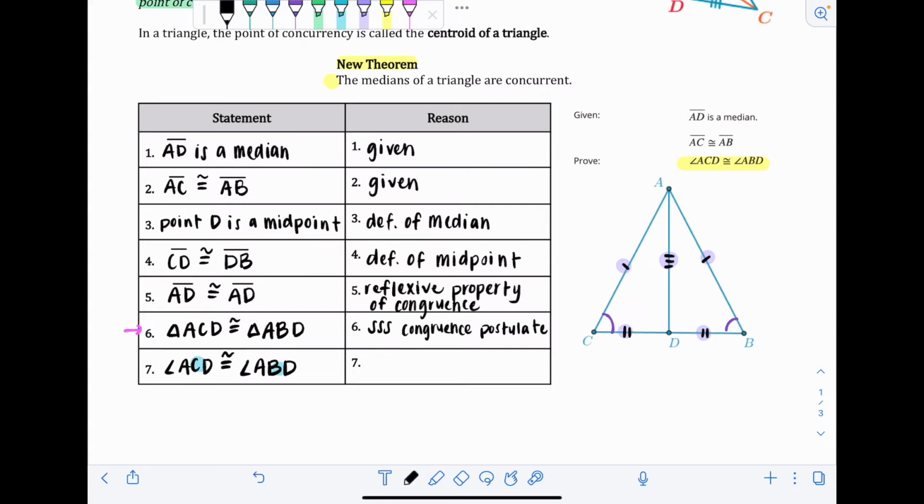So our reason would be corresponding parts of congruent triangles are congruent, meaning every single set of corresponding parts are going to be congruent.